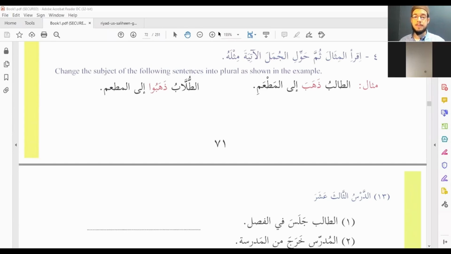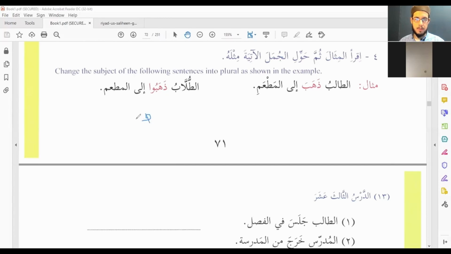So, whereas in the previous lesson we were talking about how gender manifests across different parts of speech, right? We said that with asma, which is loosely translated as nouns, the feminine gender manifests with a ta marbuta, whereas in verbs, the feminine gender manifests with a ta maftuha.